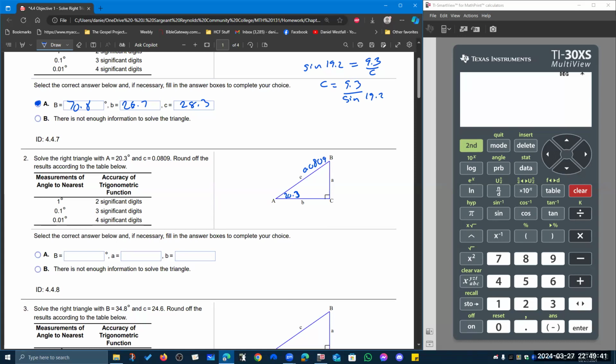So let's go ahead and take this 20.3 and subtract from 90 to get angle B, which is going to be 69.7.